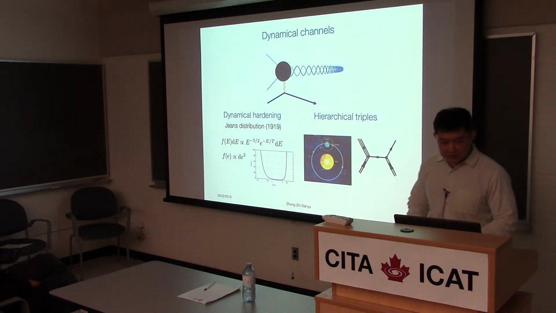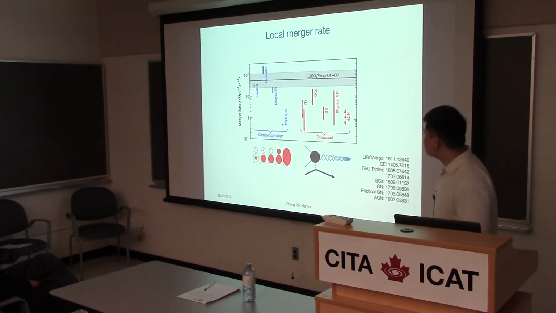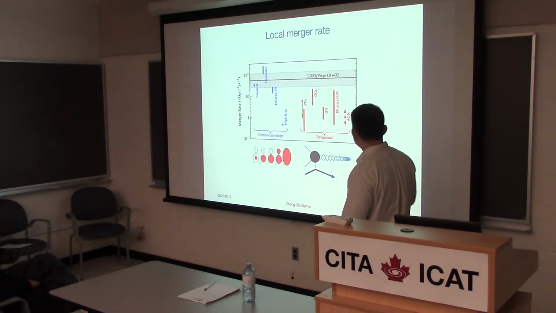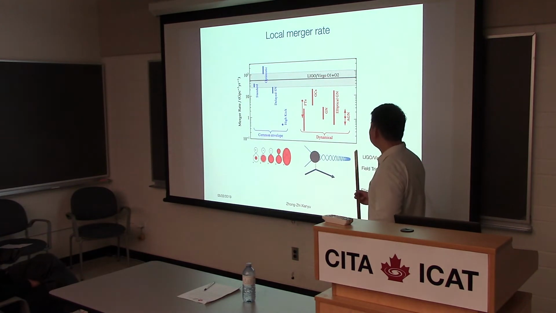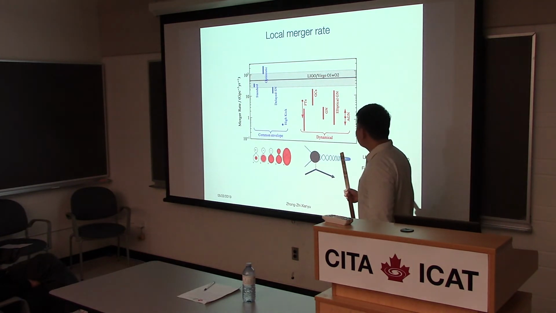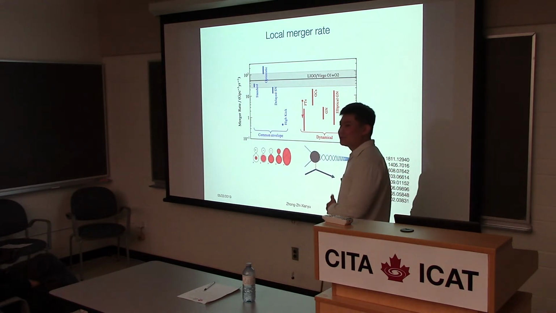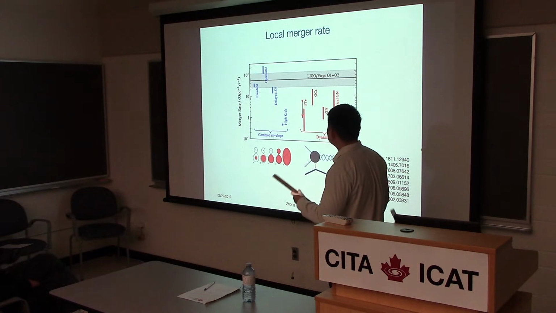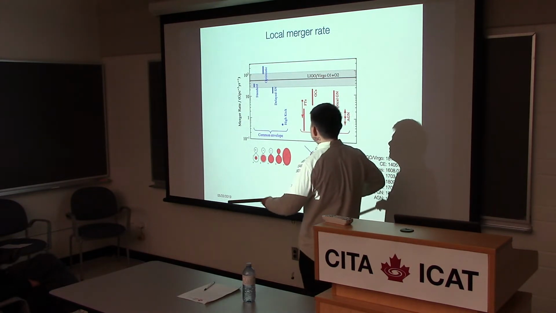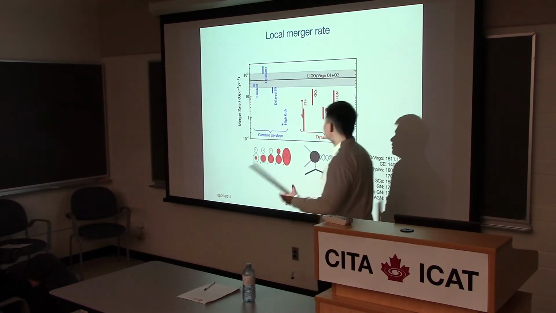Before talking about these channels in more detail, let me just show you a very unprofessional and confusing compilation I made for the different channels. Previously, if you remember, when the first gravitational wave signal was detected, there was an implied merger rate ranging from roughly here to here, 2 orders of magnitude.